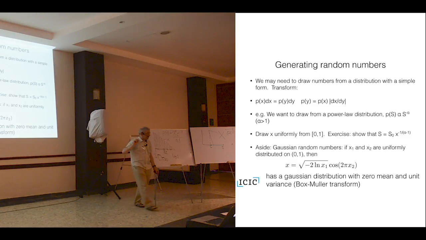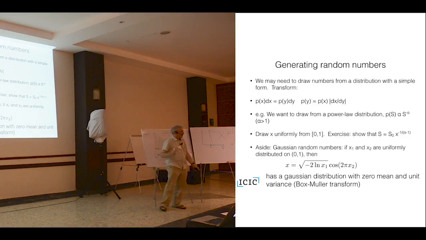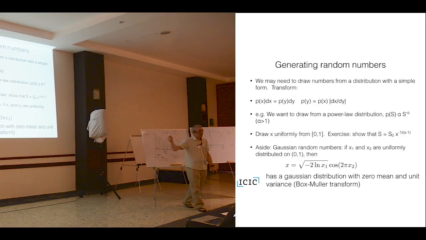So if you ever needed to generate Gaussian random numbers and you had somehow lost NumPy or any other libraries, I mean, any random number generator will have a way to do this, but if you wanted to do it yourself, or had to do it yourself, then this is a way to do it.